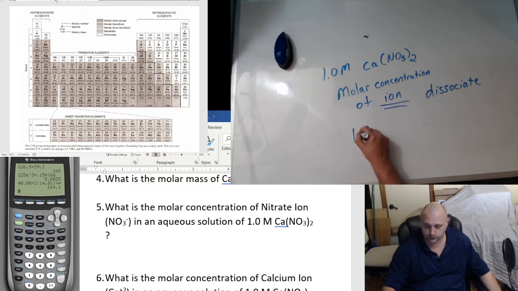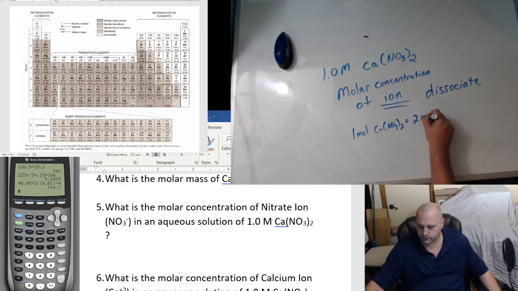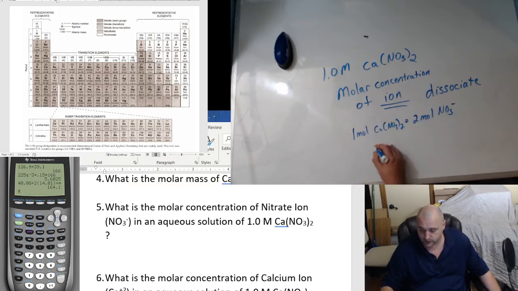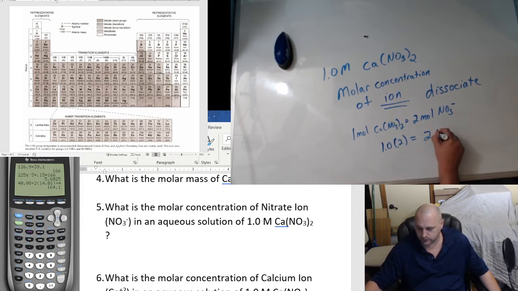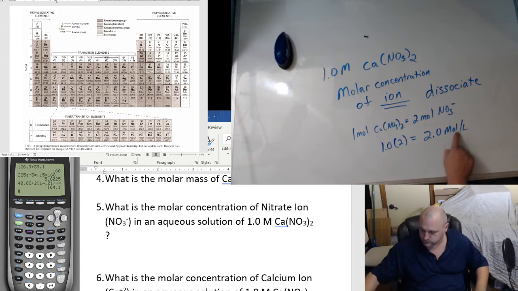For each 1 mole of CaNO3, that's equal to 2 moles of my NO3. And so I'm just going to take my concentration and multiply it by 2. 1.0 times 2 gives me 2.0 moles per liter, or molarity. We keep it as capital M as well.